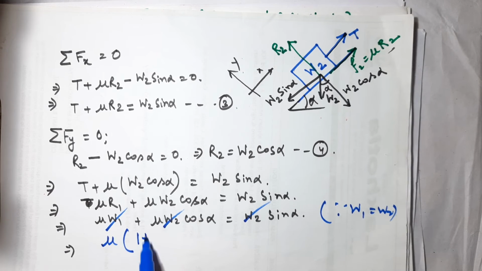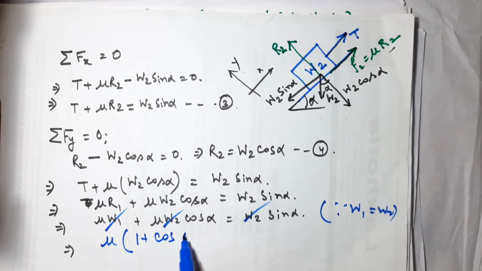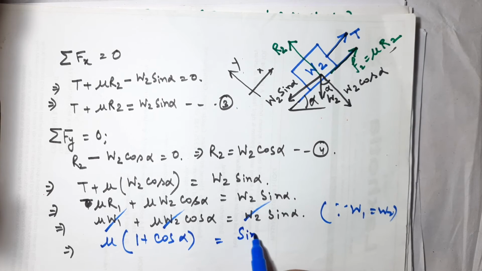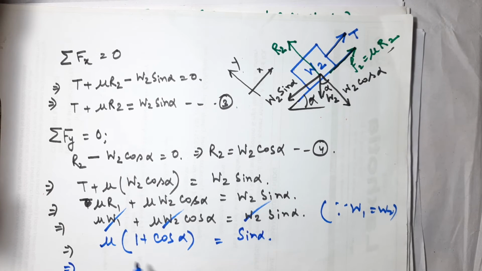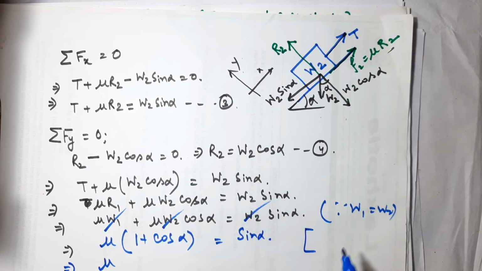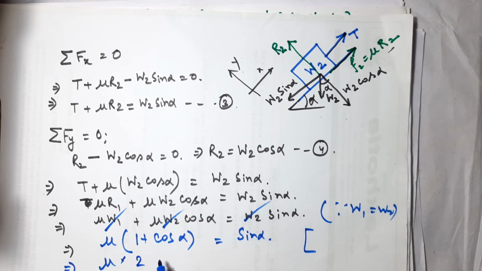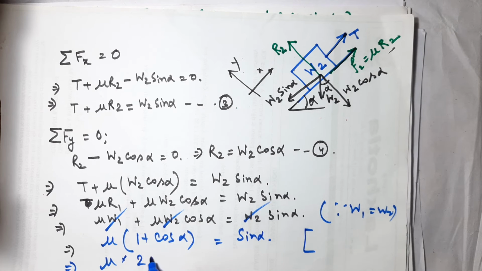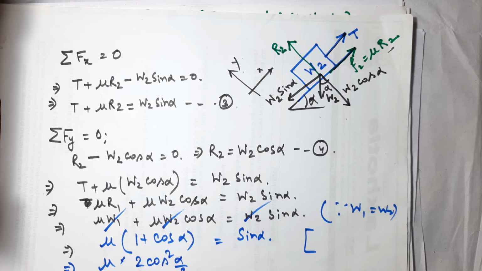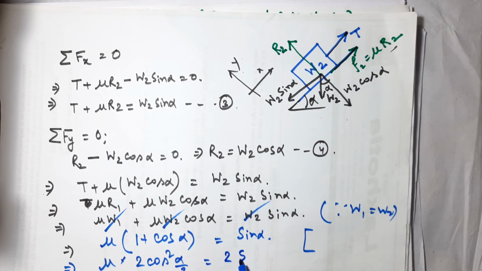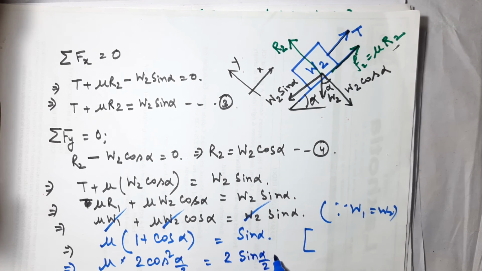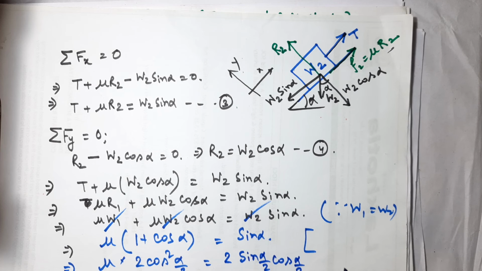If you take mu common, then mu into (1 plus cos alpha) is equal to sin alpha. From trigonometry we know that 1 plus cos alpha is equal to 2 cos square alpha by 2, and sin alpha is equal to 2 sin alpha by 2 into cos alpha by 2.